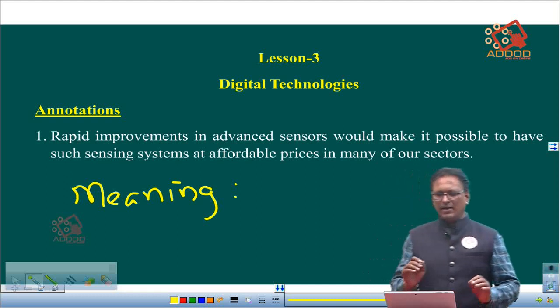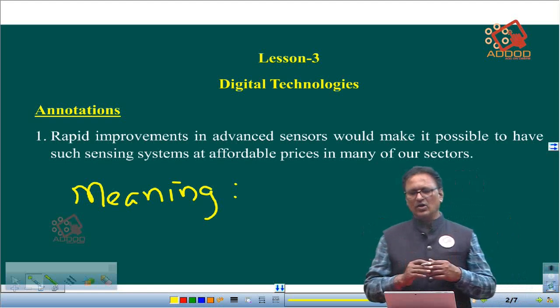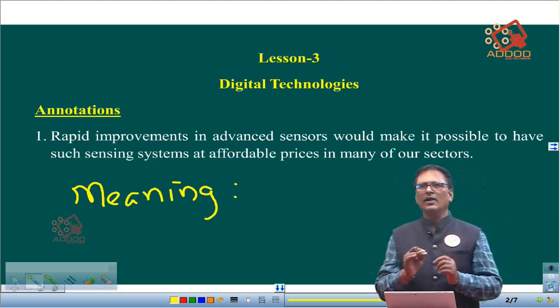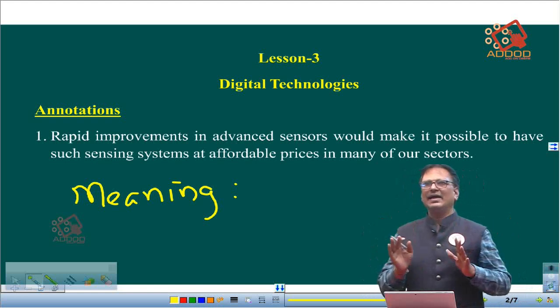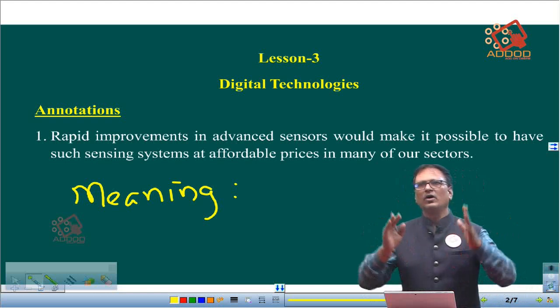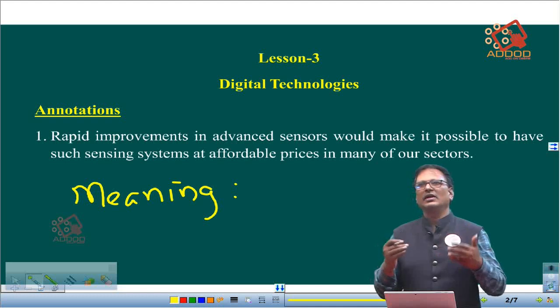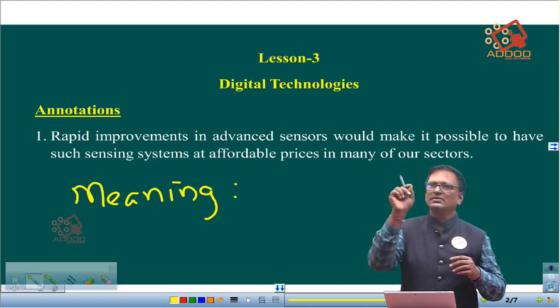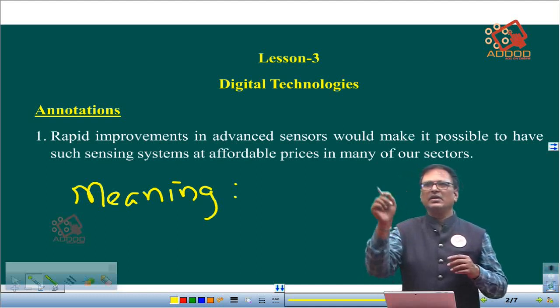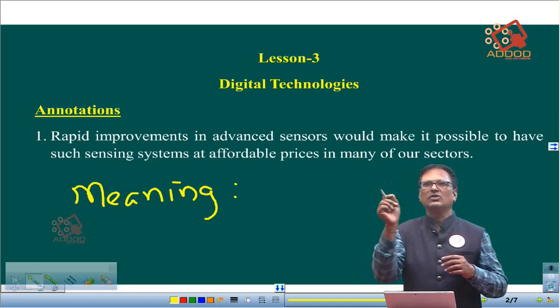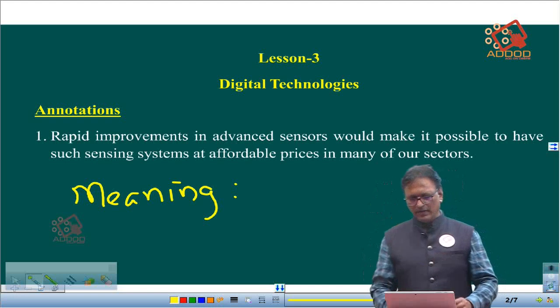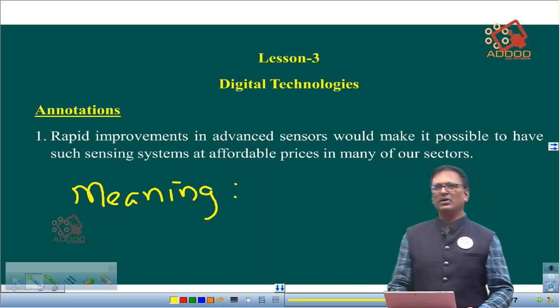Okay, so "rapid improvements in advanced sensors" clearly says that the writer in the lesson has made a reference to the rapid improvement in sensors under technological advancement. And what is the particular event, or what are those particular sentences that were there in the lesson, you are going to remember and write them down.